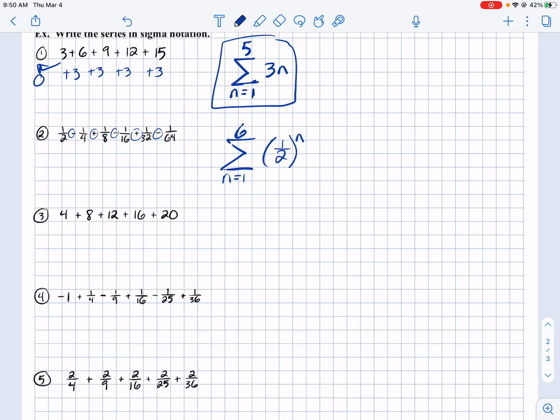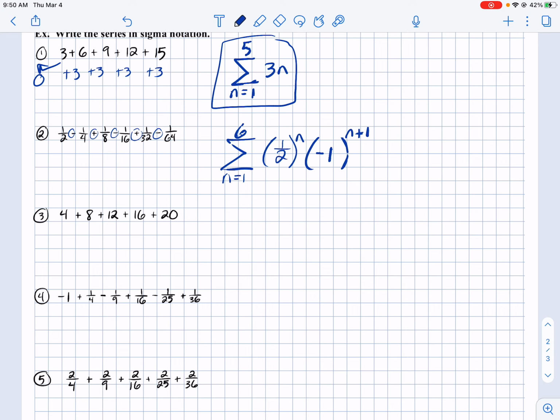And then a trick, if it's alternating positive, negative, is you could just multiply by negative 1. But that would make the first term negative. We actually want the first term to be positive. So then we could just raise this to a power of n plus 1. And now that means, okay, second term's going to be negative, right?